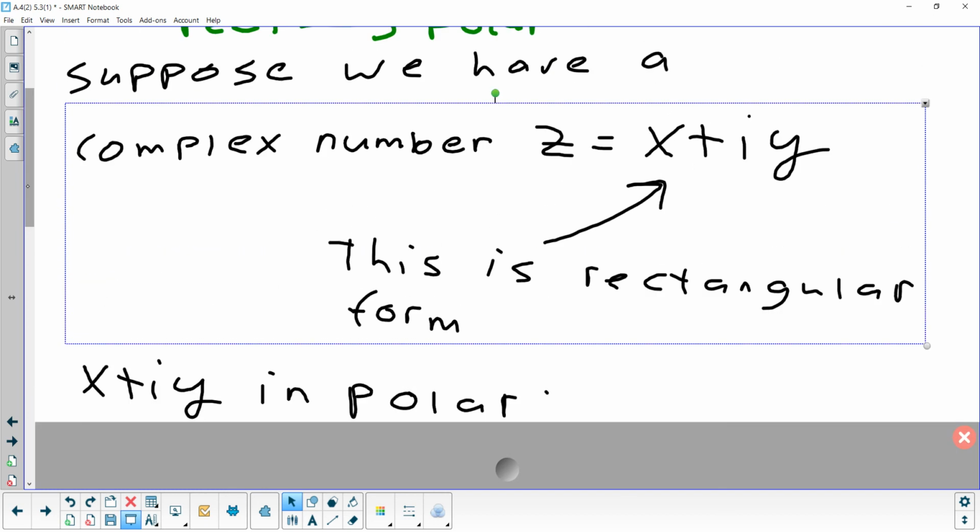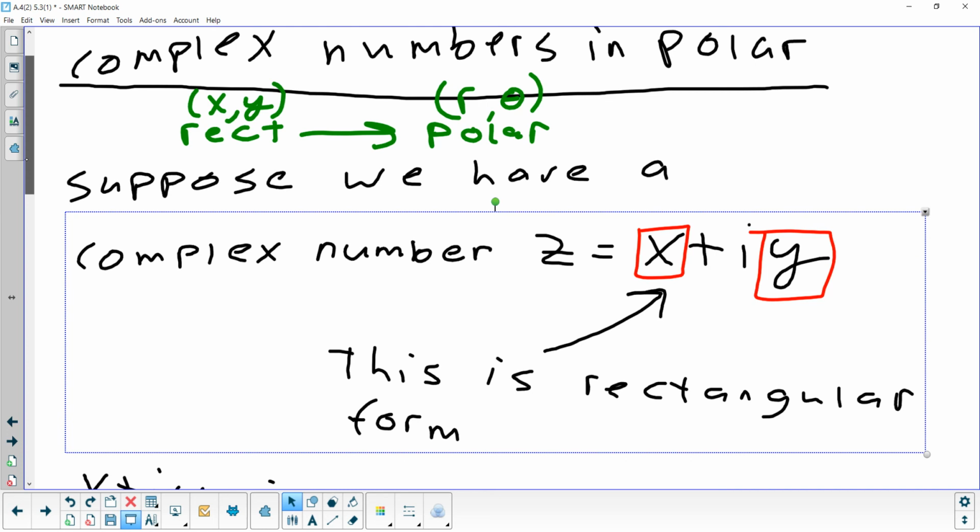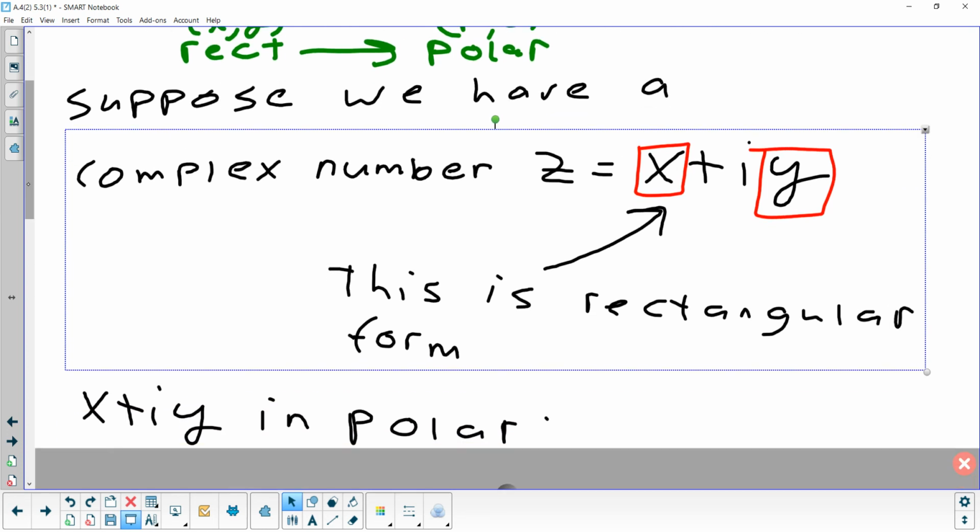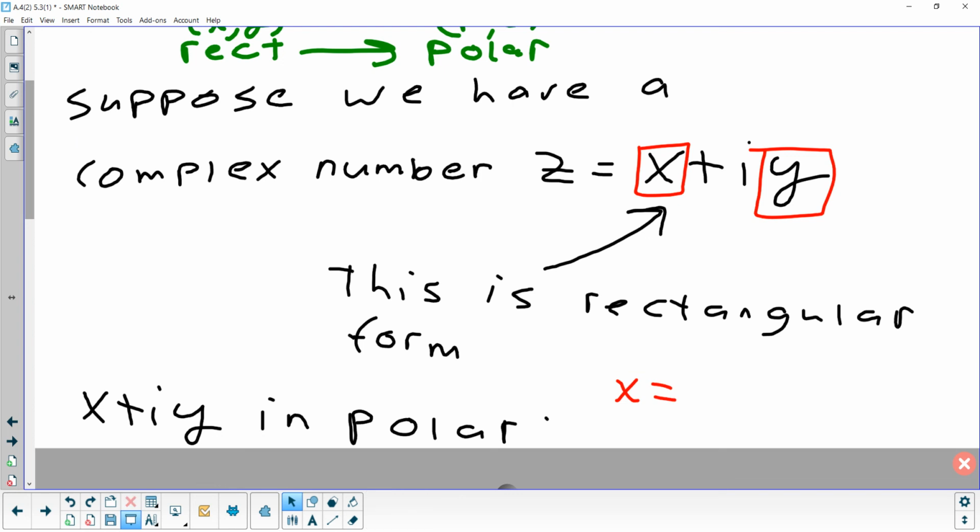So, remember, in polar, you don't want that, and you don't want that. What you do want is an R and a theta. Does anyone remember from Monday, what was the formula we used that started out x equals, and then it had an R, a trig function, and theta on the other side? Was that x equals r times cosine?